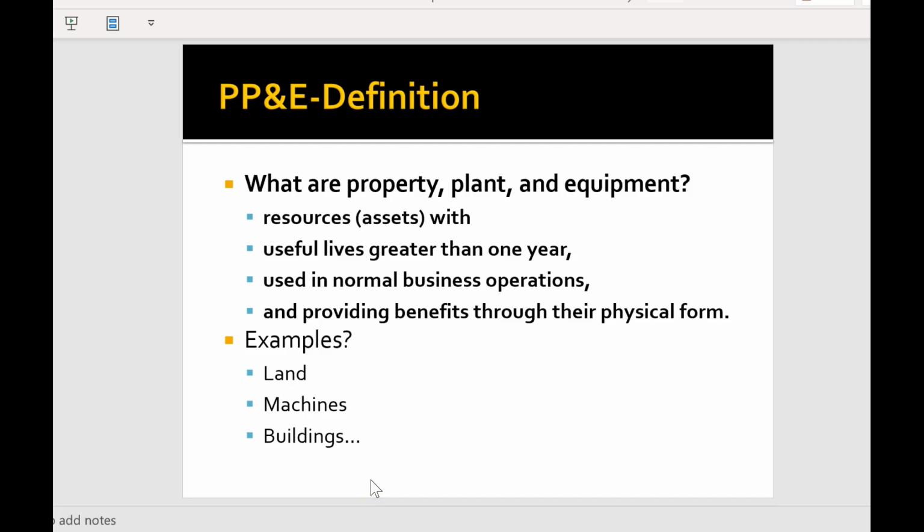So a pen, or in our guitar lessons case, if you bought a string, or whiteboard pens, those are what we call supplies. Sometimes a supply could serve the firm for many years, for example, a calculator, but that's not PP&E.